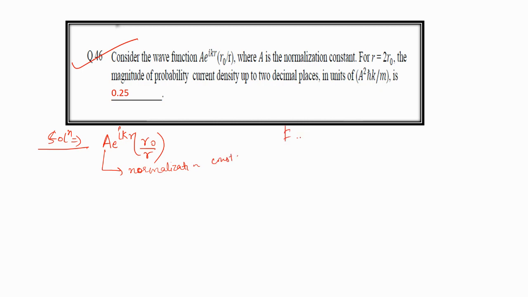Now for r equal to 2 r naught, you have to find the magnitude of the probability current density up to 2 decimal places in the given units.